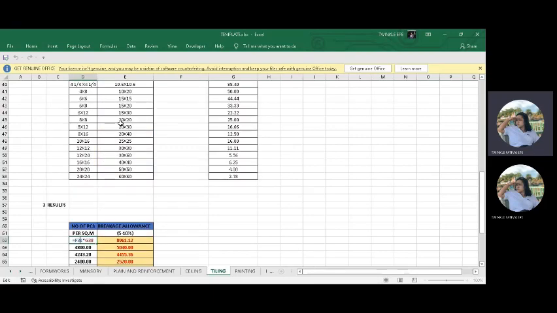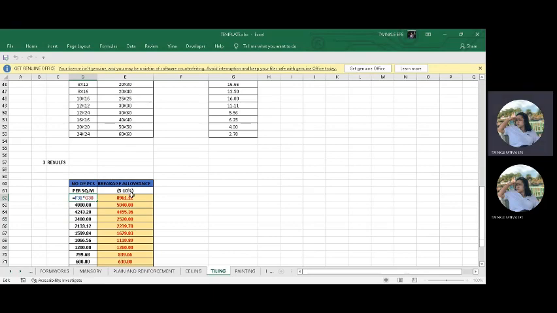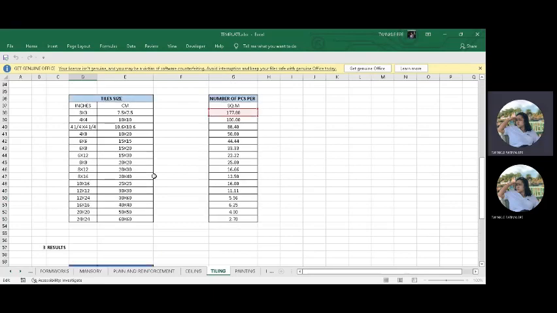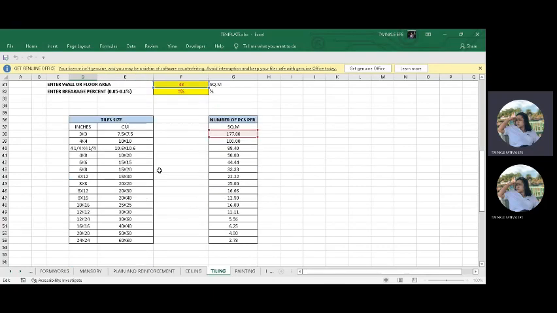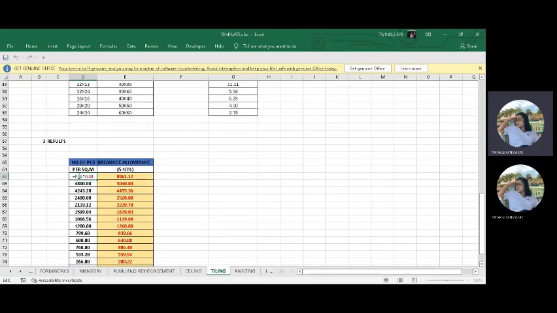So the formula for this is the floor area times the number of pieces per square meter, and you can get your number of pieces.